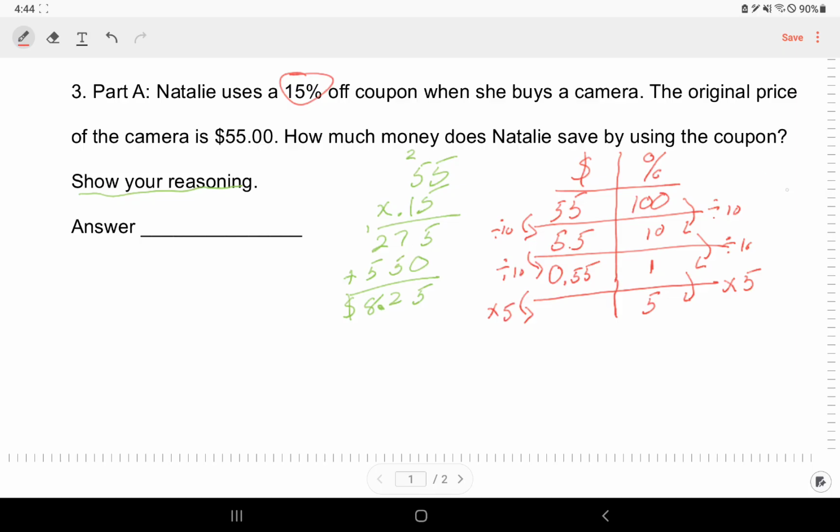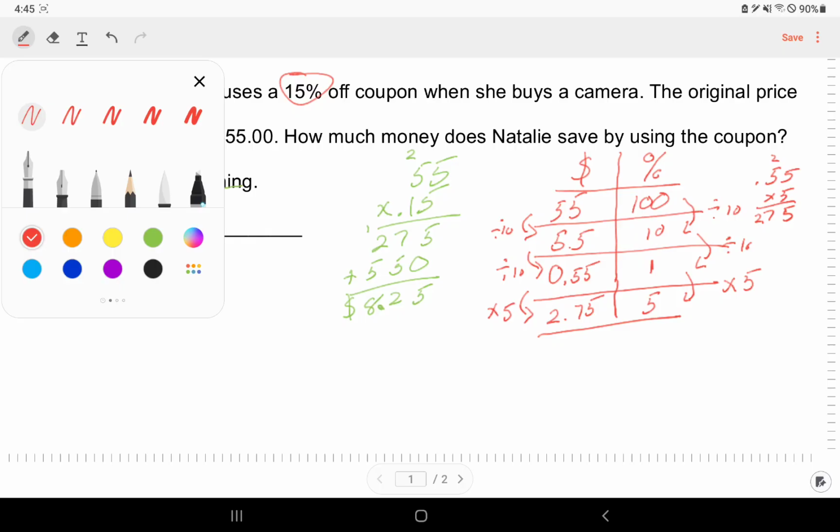And so then 0.55 times 5, well, that's 5, carry 2, 25, 27, 2 decimal places, that's 2.75.